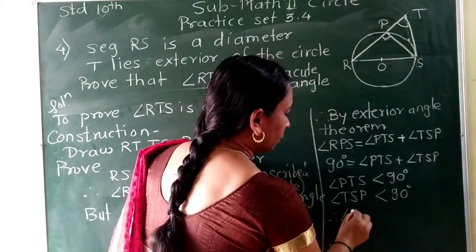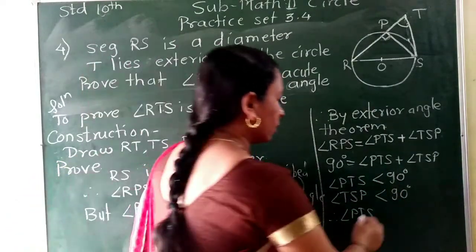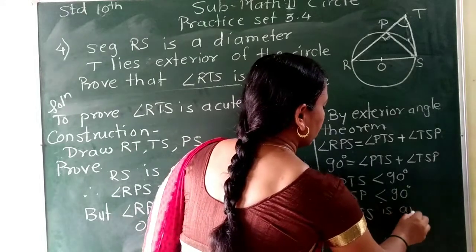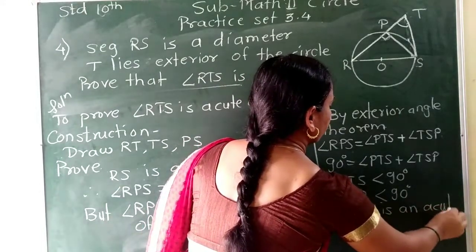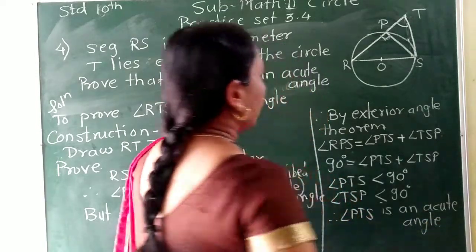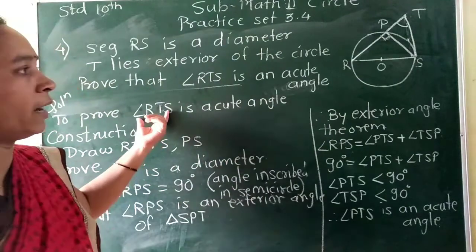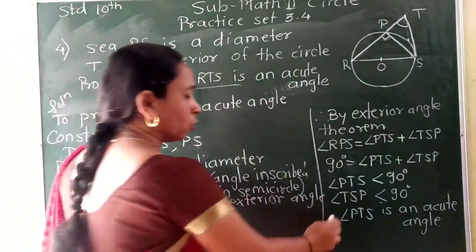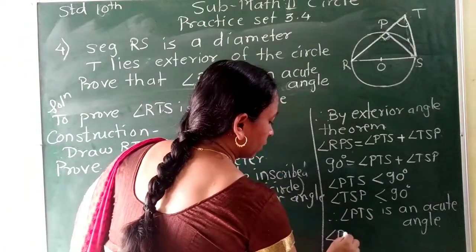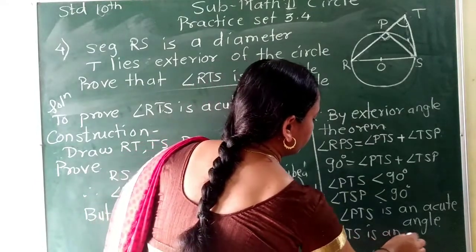Hence, angle PTS is less than 90 degrees, therefore angle PTS is an acute angle. We have to show RTS. So PTS is nothing but angle RTS, which is an acute angle.